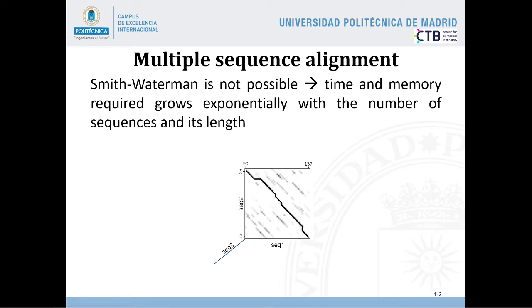So if we, for example, want to align 20 different sequences, we would have a matrix of 20 dimensions. Therefore, the memory and the time required to align all those sequences would increase geometrically with the length and the number of the sequences.